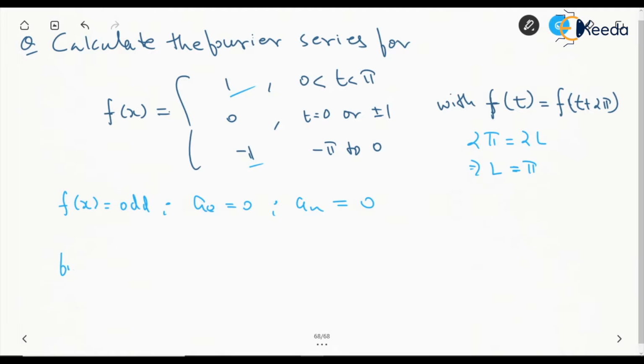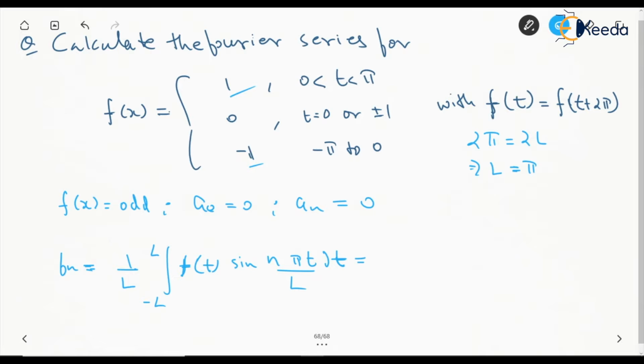So bn will be 1 by l integration from minus l to l f of, although this is written t, so we'll write f of t, sine n pi t by l dt. Right, this we have to do.